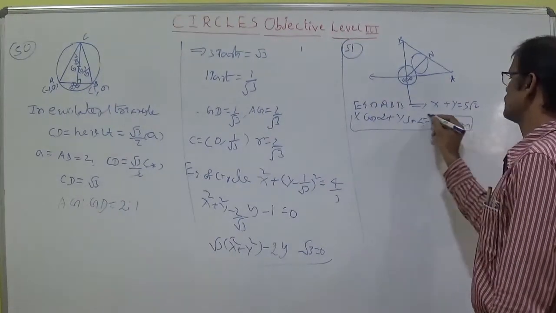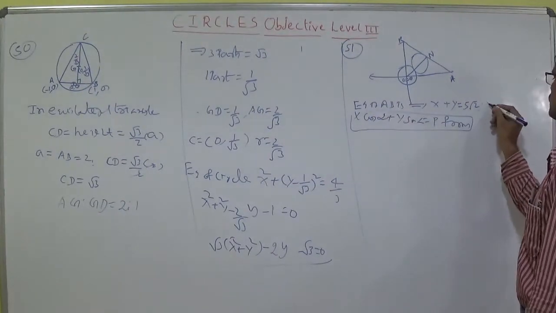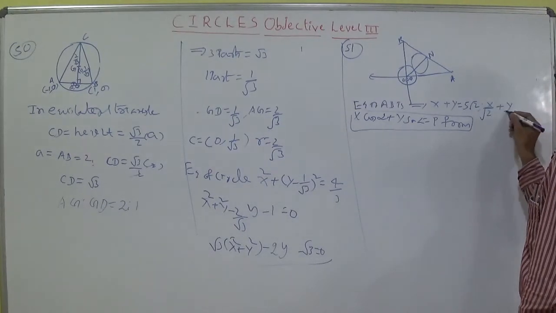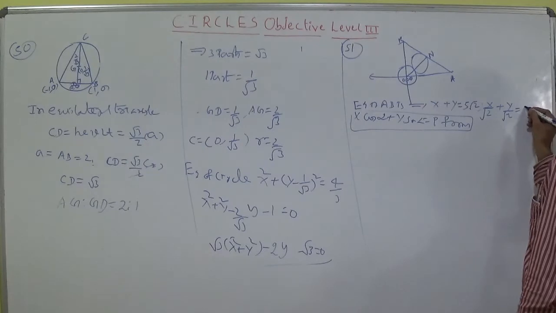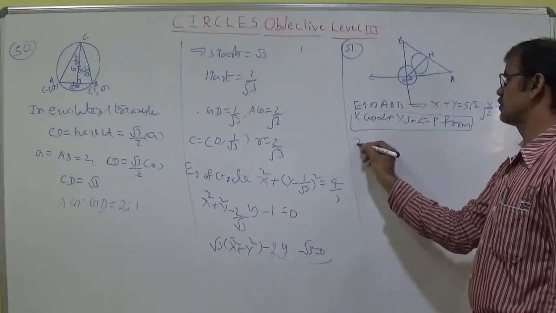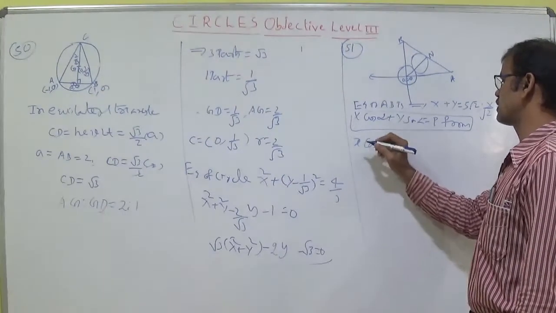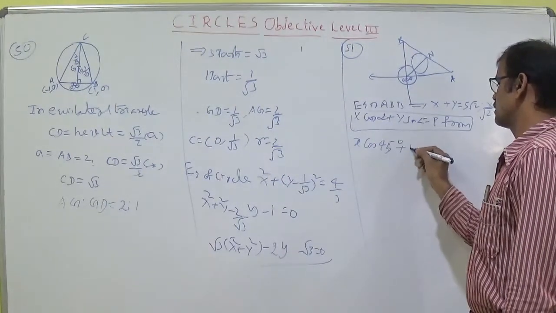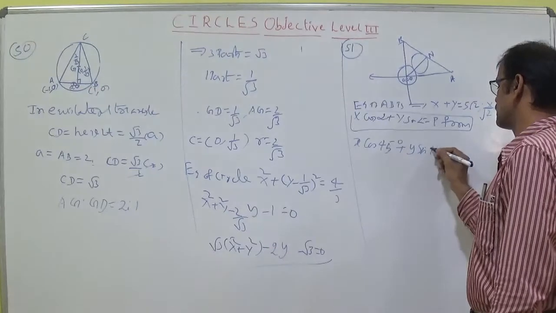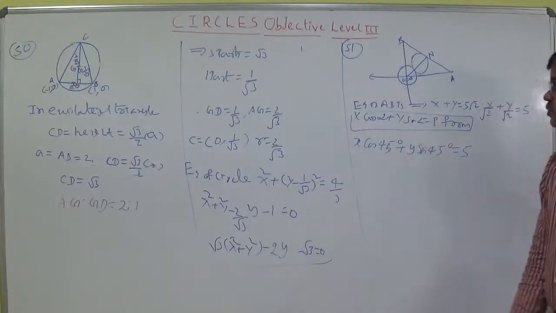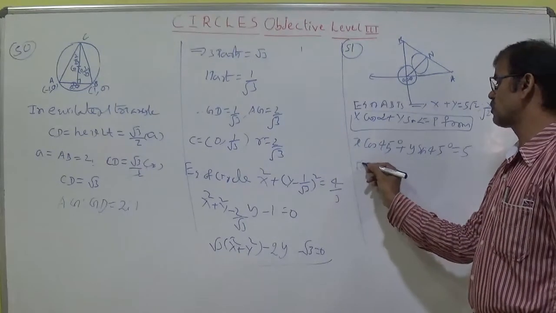We can write this in this form: x by root 2 plus y by root 2 equal to 5. So simply we can write here x cos 45 degrees plus y sin 45 degrees is equal to 5. Equation of line in normal form.